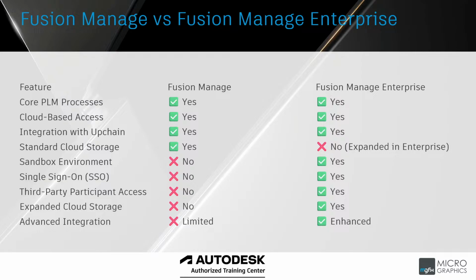Your integration with Upchain. This provides entitlement to Upchain, a cloud data management solution that can be connected to Fusion Manage. Your standard cloud storage. Now, it does come with the standard cloud storage capabilities for the users.